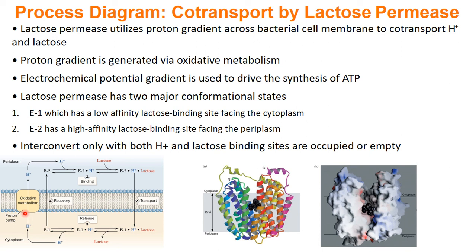So here we're getting lactose brought in through another one of our enzymes, and this is what it looks like here. And so you can think of these two different conformations as conformation 1, open to the cytoplasm. Conformation 2, just imagine this top closes off and this bottom opens up, and now you're open to the periplasm.